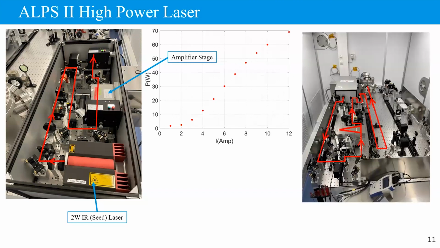And in this nice picture here, we see the north left clean room. So in red, we see the beam path for the high power laser, which is shown here. So this box here is in principle this picture.